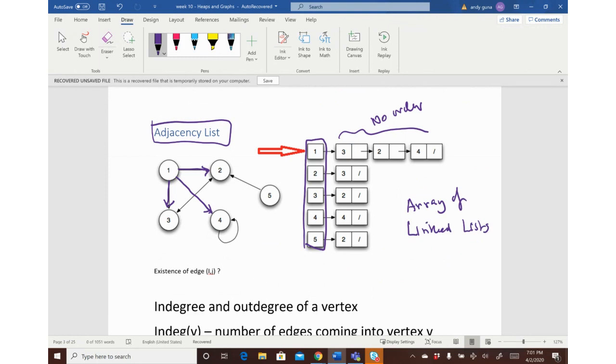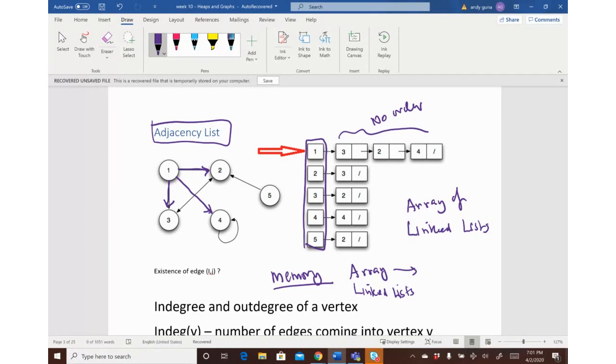Now, let's ask the question about the memory requirement for this structure. We have two structures here. We have an array, and then you have a bunch of linked lists. How much space is the array needed?